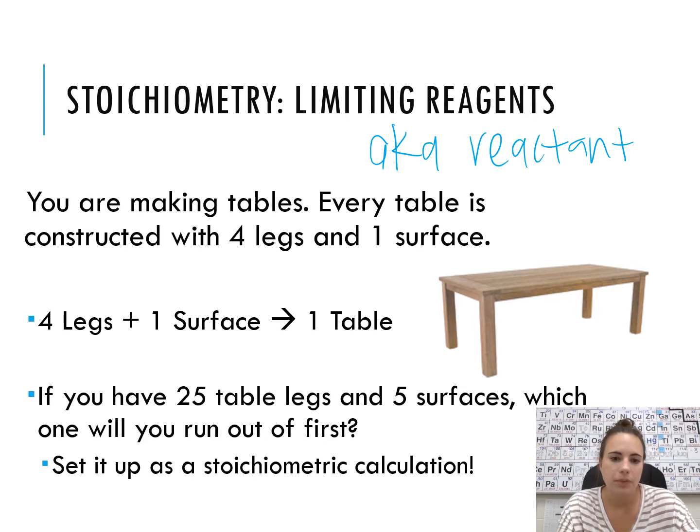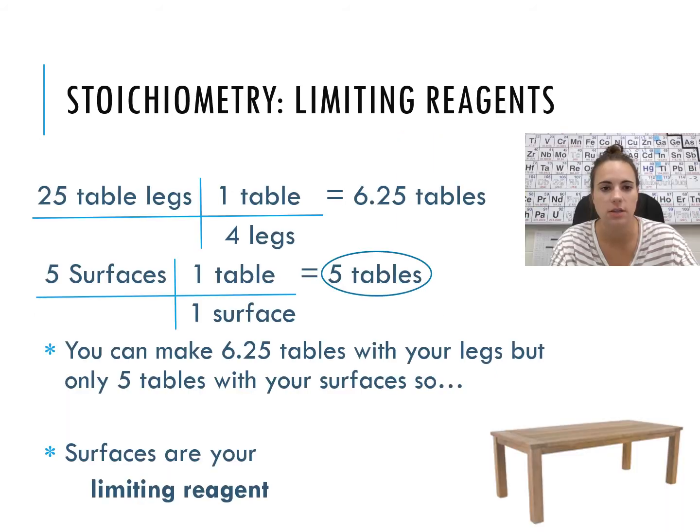So I'm going to set this up like a stoichiometric calculation. How do I do that? Well, to determine which one's limiting, I'm going to figure out how many tables I could make from 25 legs and how many tables I could make from 5 surfaces. So 25 legs, 4 legs per table gives me 6.25 tables. 5 surfaces, 1 surface per table will make 5 tables.